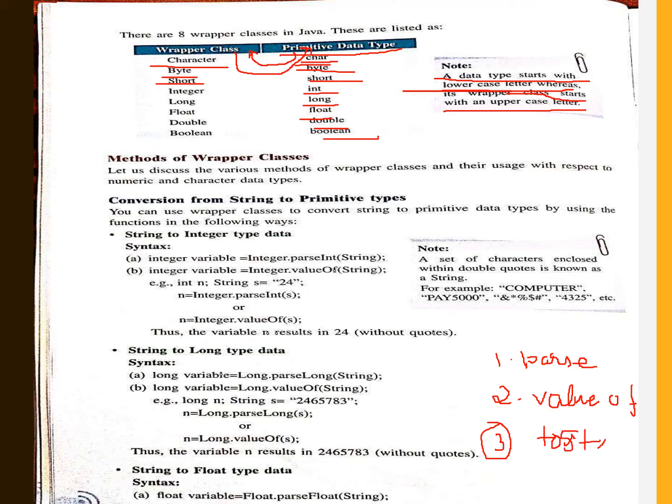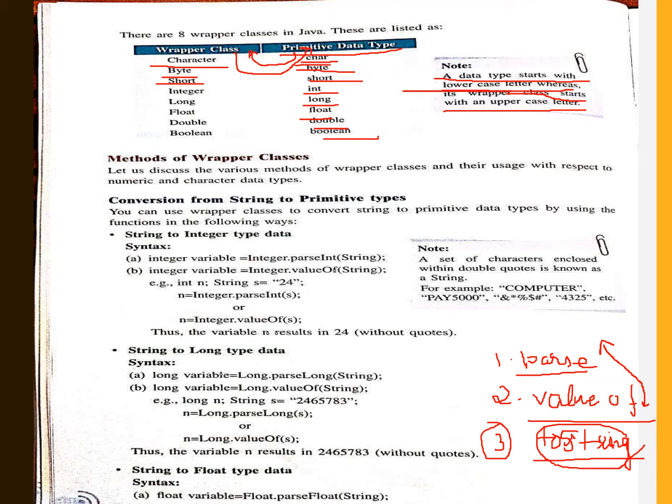So how many functions does Java provide? Java provides three data conversion functions: parse, valueOf, and toString. Parse and valueOf convert the string data type into various numeric data types, and the toString function converts the numeric data type into a string data type.